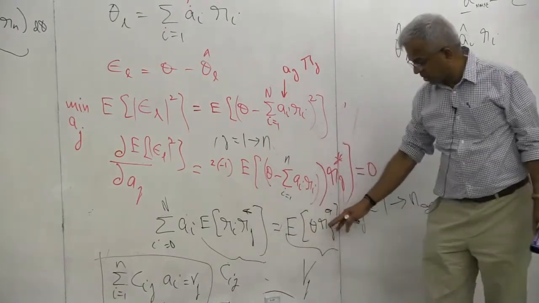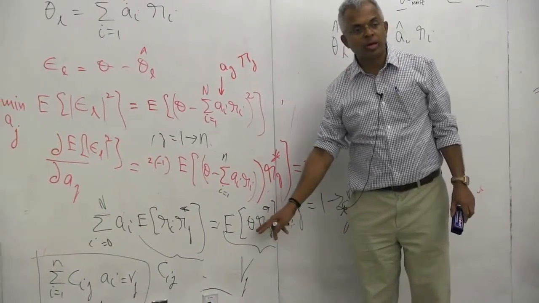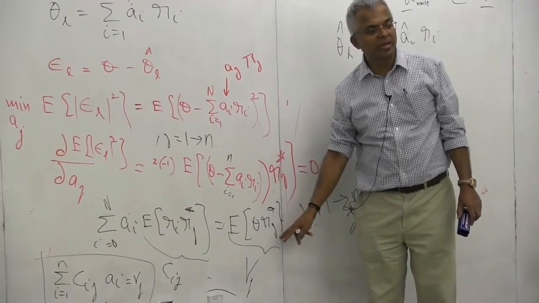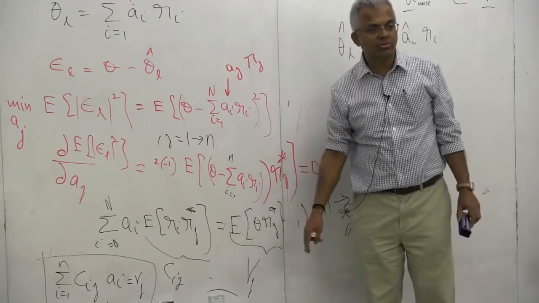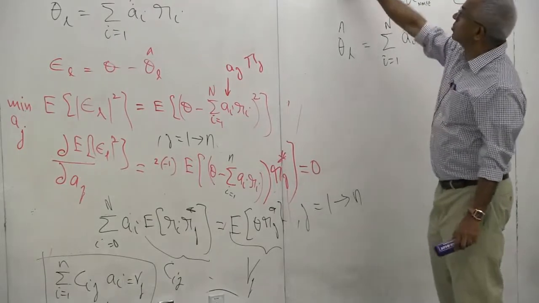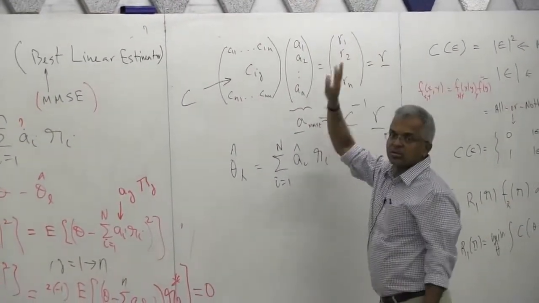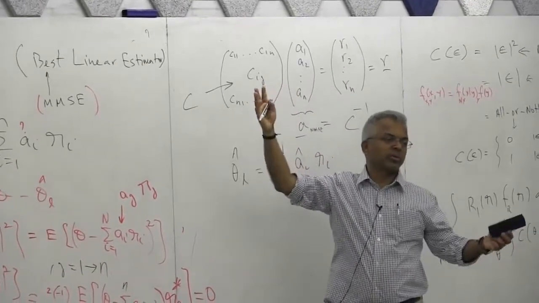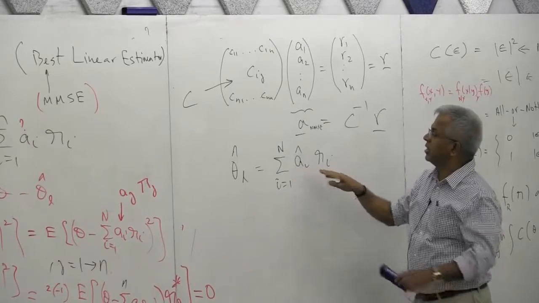But here, what is this gamma? It's the correlation between your unknown quantity and the data. Expected value is a correlation. So the correlations are constants. If you don't know them, you estimate them. Again, estimation within estimation. But the point is you can get the A hat.